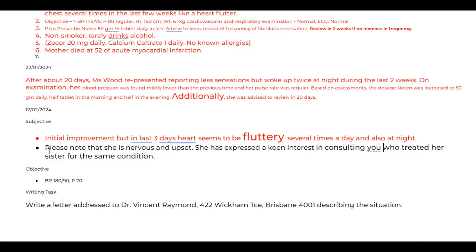Okay, you, since her own sister was treated by you for the same condition. Using you is not really a standard way, but in this case we cannot use any other method.